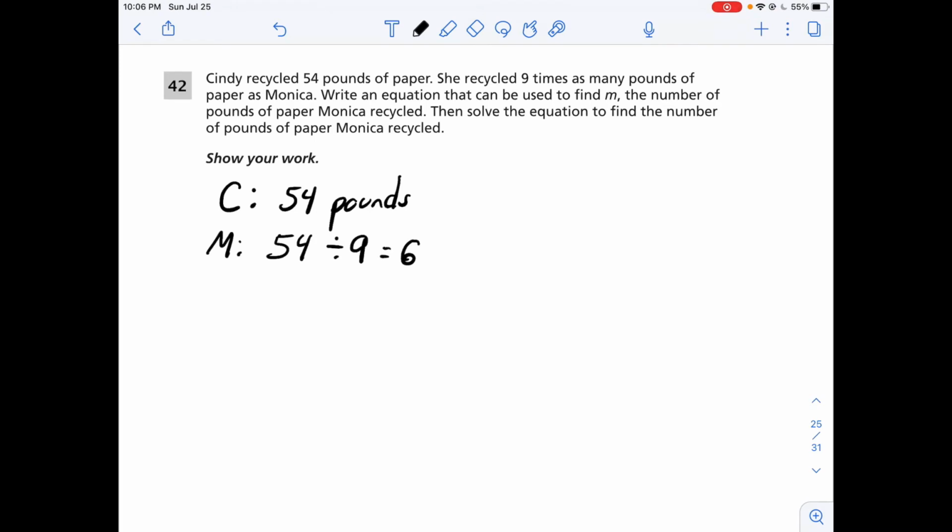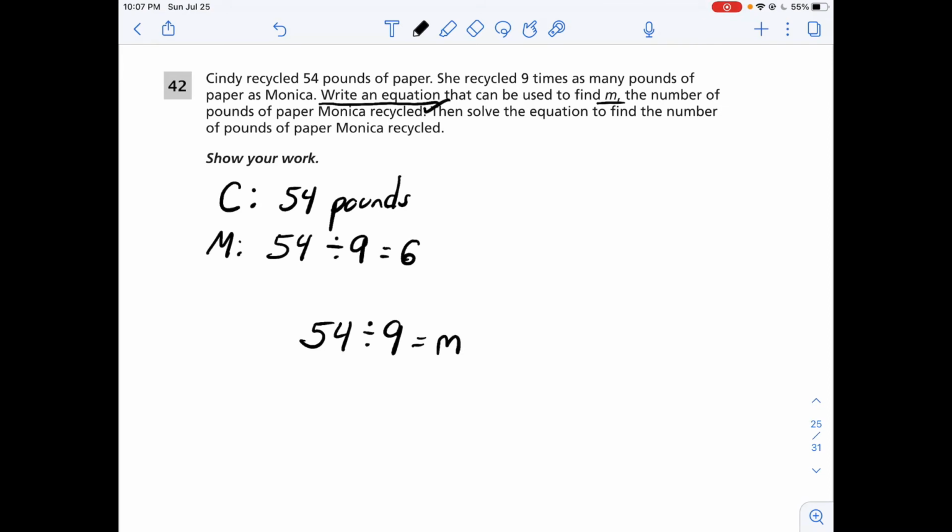Okay, write an equation that can be used to find M, the number of pounds of paper Monica recycled. Then solve the equation to find the number of pounds of paper Monica recycled. Well, we actually already did that, but it's saying to write an equation. Remember, an equation has an equal sign, an expression does not have an equal sign. So we can say, and we have to use M. This is the variable. So we can say 54 divided by 9 equals M. And then it says, so we did that.